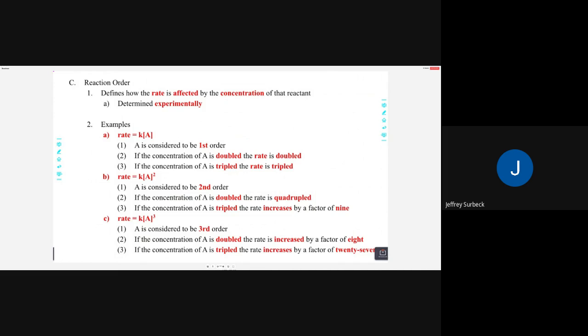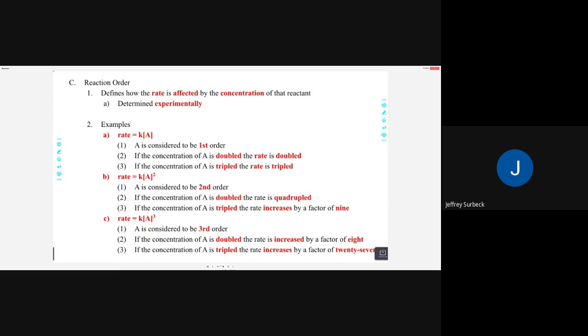So if we double the concentration, 2 squared is 4 times, or we're quadrupling the rate. Now down here, if we have a third order reactant, which is represented by that 3, we are going to double the concentration, and we'll have an increase of 8 times.